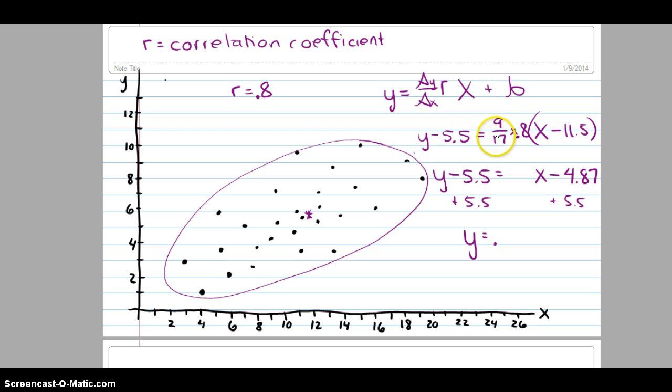Because I wasn't calculating it, I was using my notes. 9/17 times 0.8 rounds to 0.42. That should be my regression line, crossing at 0.63, going through my point of averages.